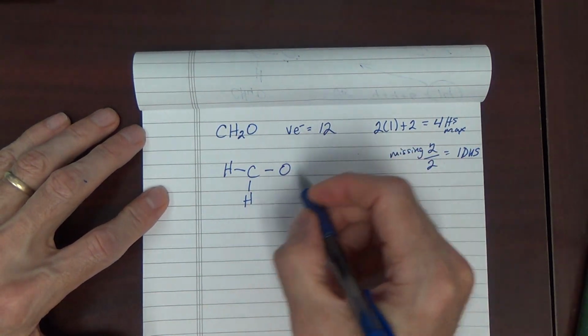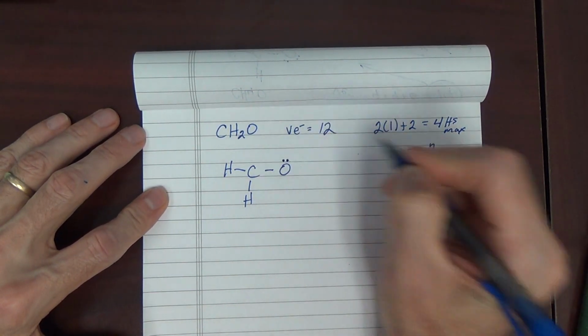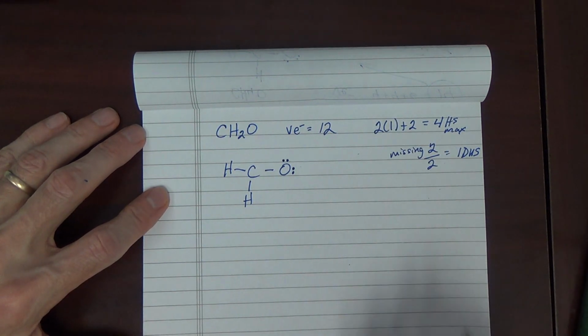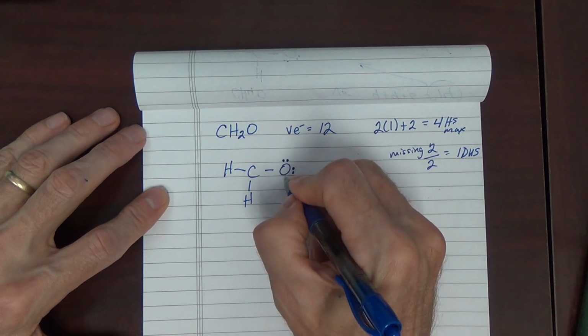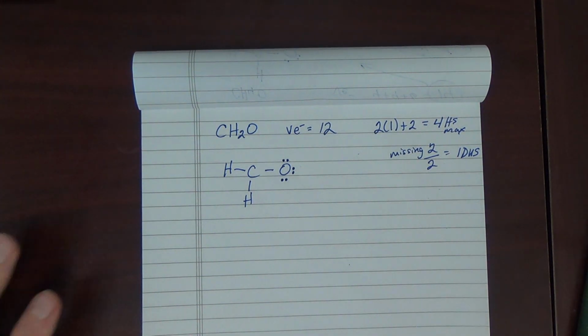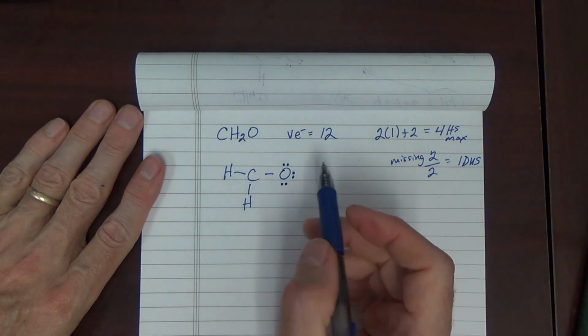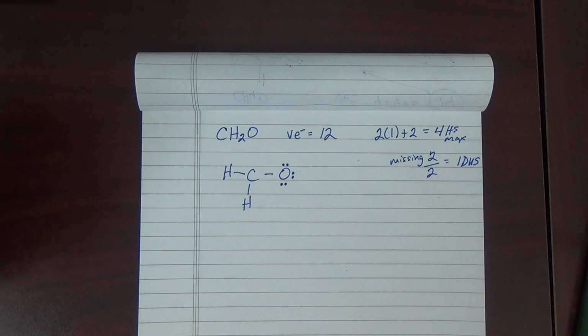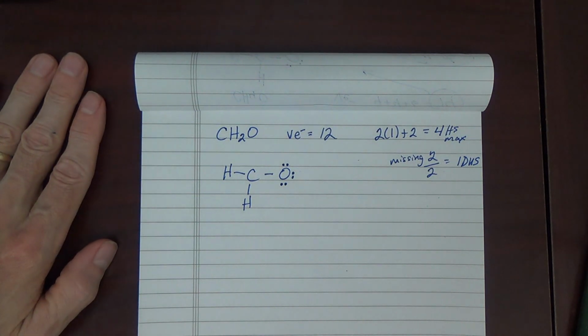Let's fill the valence of oxygen. 1 lone pair, another lone pair, still not filled, 2, 4, 6, and 8. How many valence electrons? 2, 4, 6, 8, 10, 12. No more electrons to put in this compound.